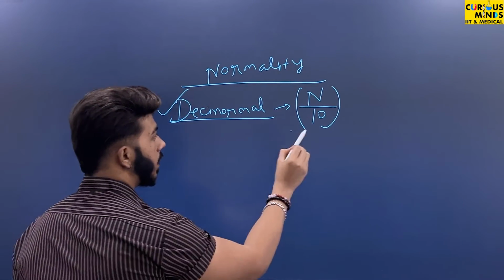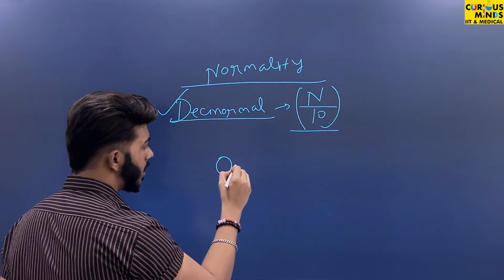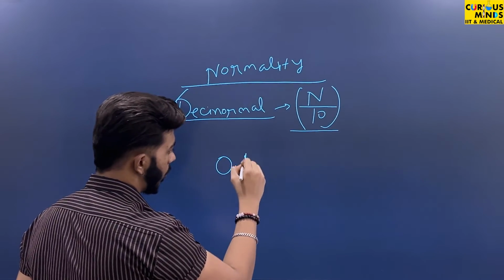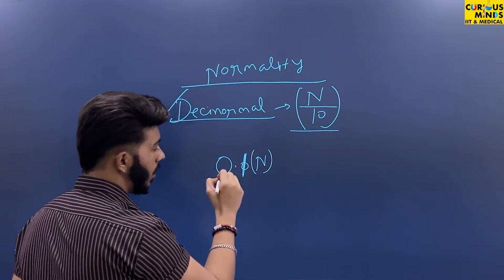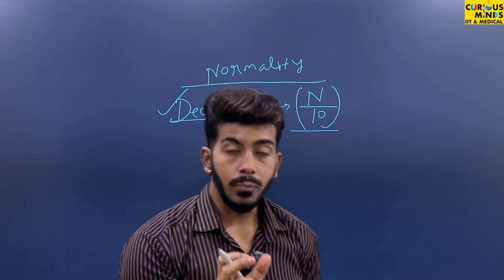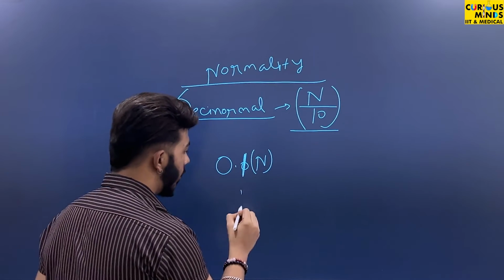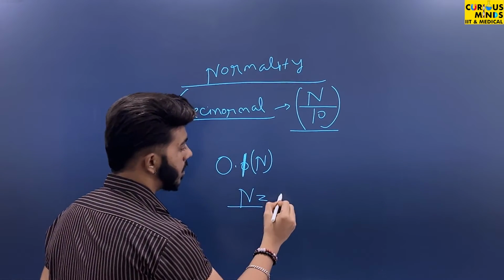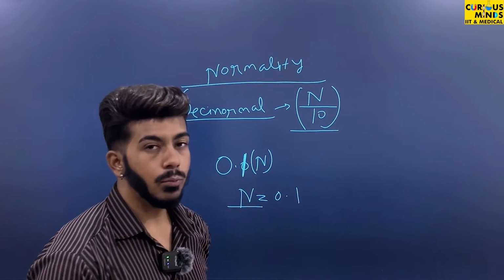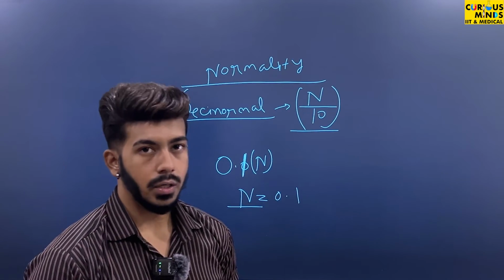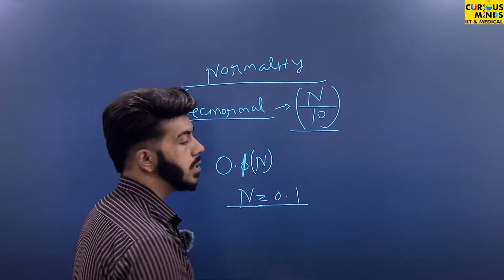So if it is written as 1 N by 10, that is nothing but 0.1 normal. अगर कहीं भी देखा रहेगा कि deci normal solution, that is nothing but 0.1 normal. That means the normality of that particular solution is 0.1. Decimolar क्या होता है? Decimolar is 0.1, right? So same, deci normal will be 0.1.